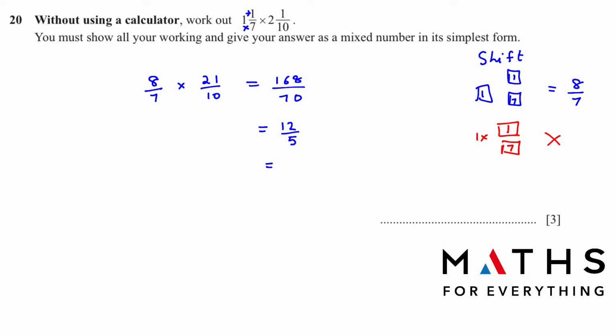This is also possible in the calculator. Just before the delete button, there is that S-D button. So you press shift and this S-D button and your number will turn into a mixed fraction, which is 2 and 2 over 5. I hope you're able to do this in the calculator.